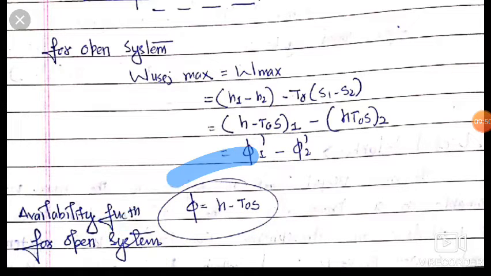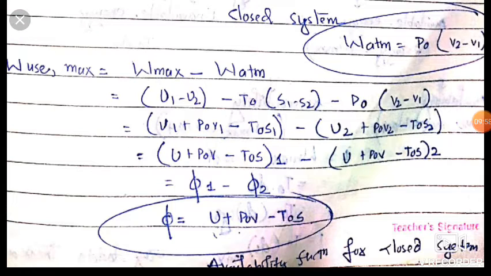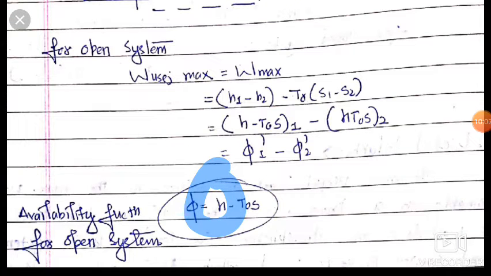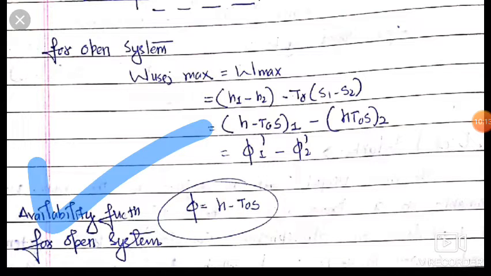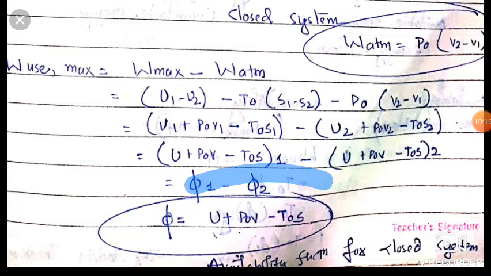Friends, this is the open system, so here it is our enthalpy, and this is the closed system, so friends, it is here our internal energy. This U plus P naught V becomes enthalpy, as we know that enthalpy is equal to internal energy plus surrounding exchange. So this is basically the availability function of open system, and this is for our closed system.